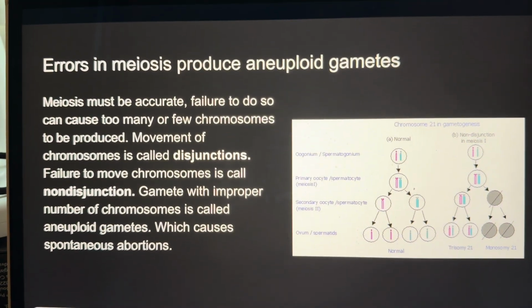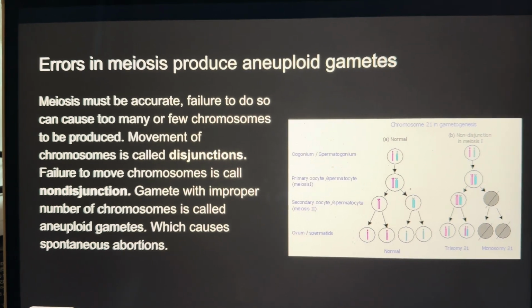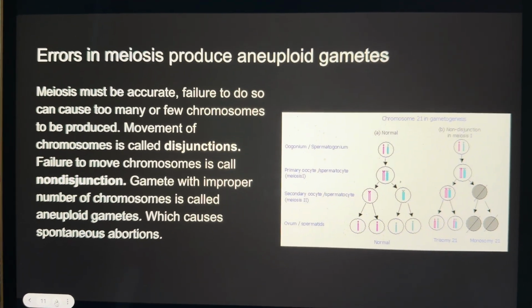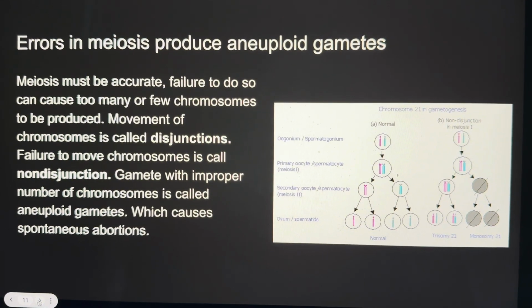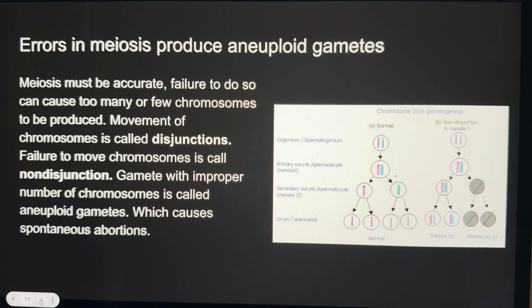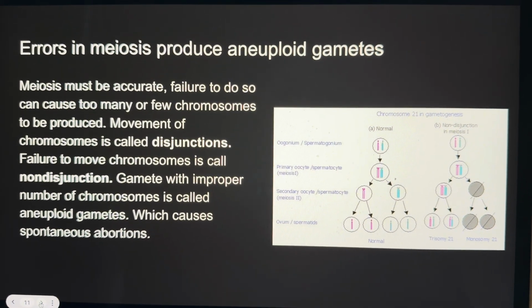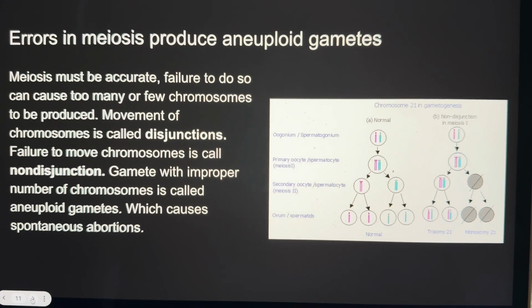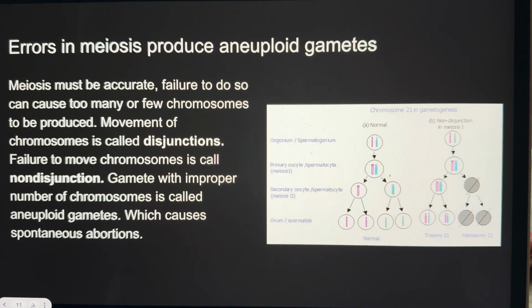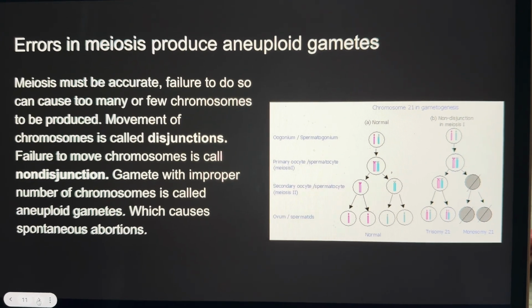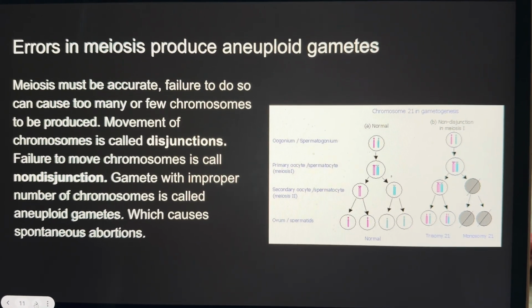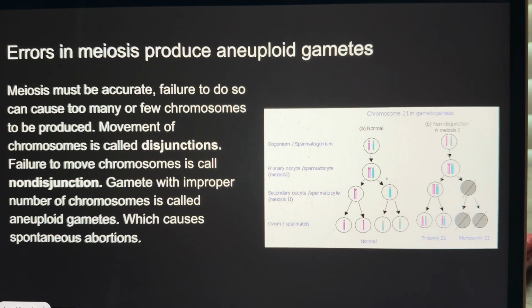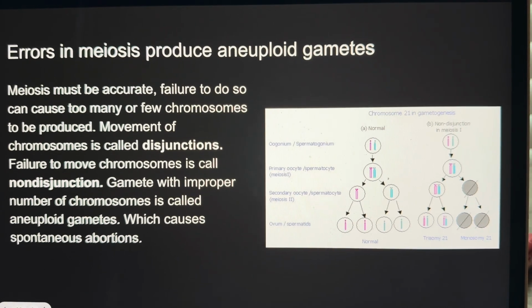Errors in meiosis produce aneuploid gametes. Meiosis must be accurate. Failure to do so can cause too many or too few chromosomes to be produced. Movement of chromosomes apart is called disjunction. Failure to move chromosomes apart is called non-disjunction. A gamete with an improper number of chromosomes is called an aneuploid gamete, which causes spontaneous abortion.